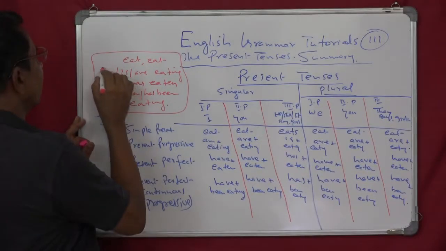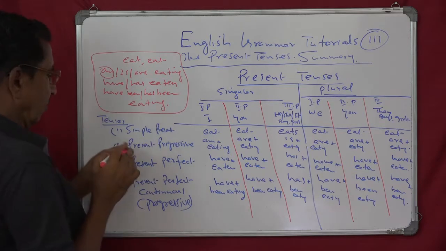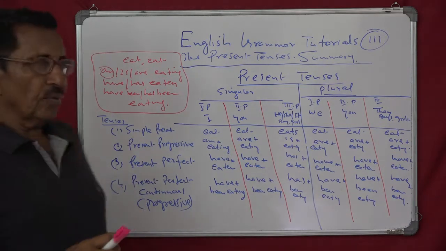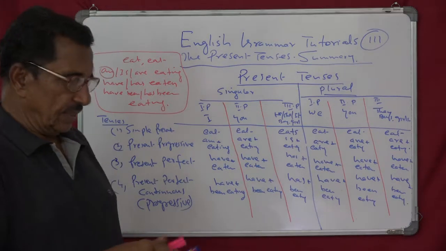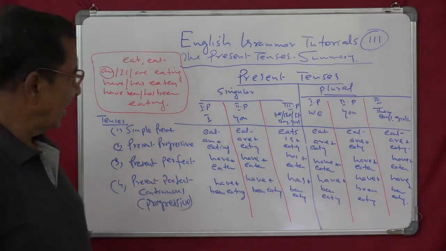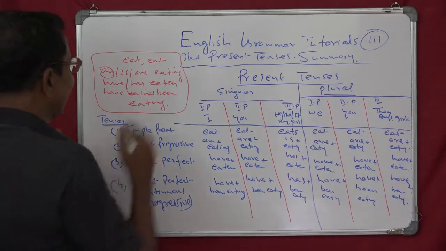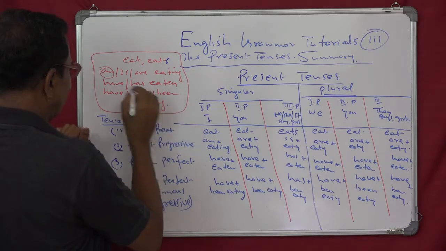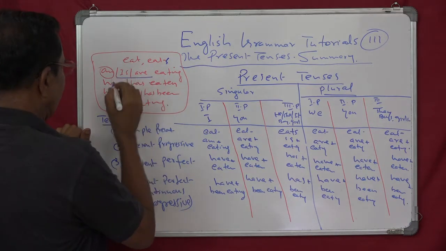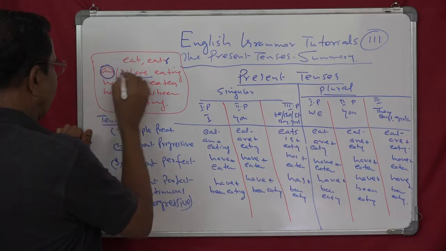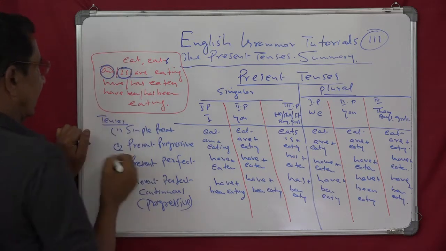So there again, in the present continuous, you stop, look and proceed. You have only one place, that is third person, and here is.